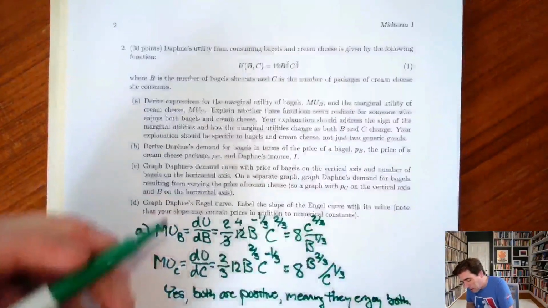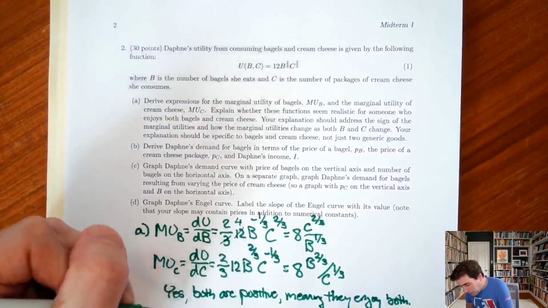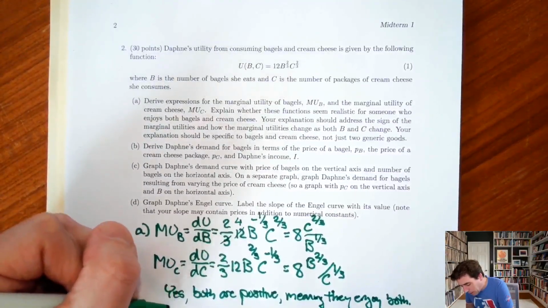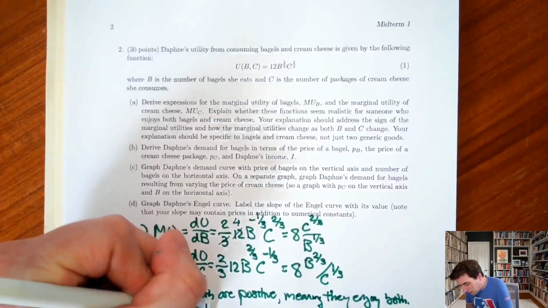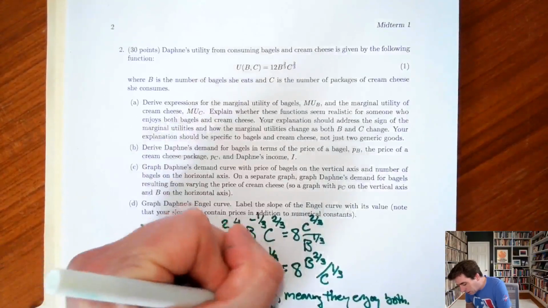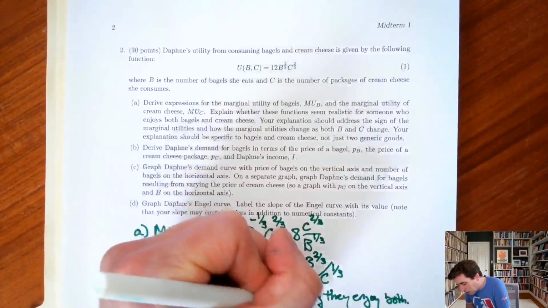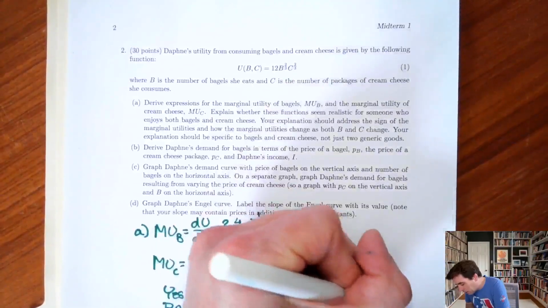So in both cases, diminishing marginal utility, and I'm going to say that makes sense. So both exhibit diminishing MU.